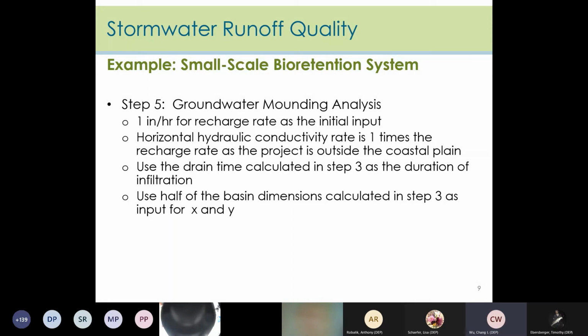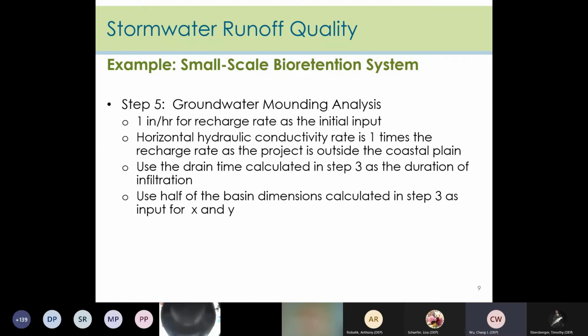For the infiltration rate in the spreadsheet, you should use the design infiltration rate, that is 1 inch per hour for this case. The horizontal hydraulic conductivity for this case is 1 times the recharge rate, 1 inch per hour, as the project is outside the coastal plain. If it's inside, you have 2 times 5.